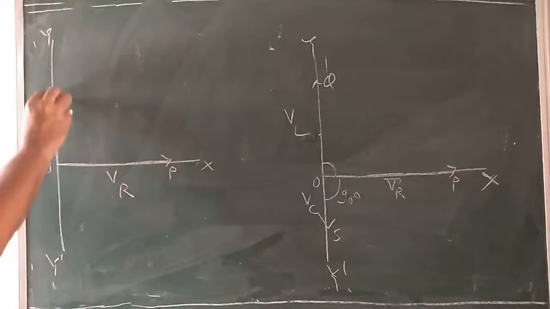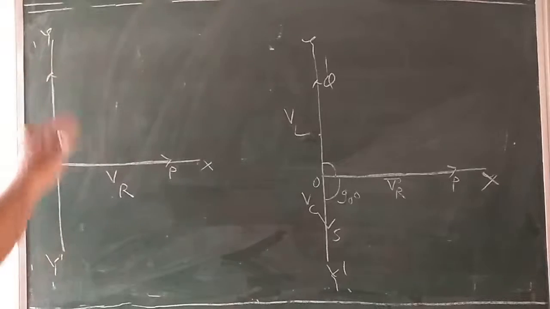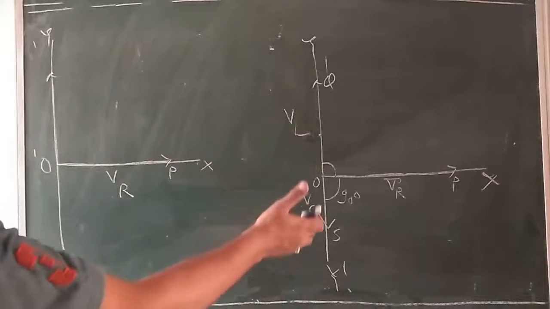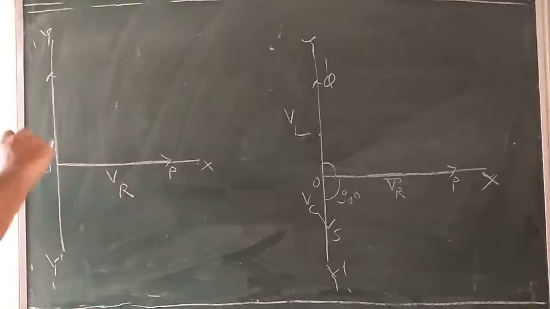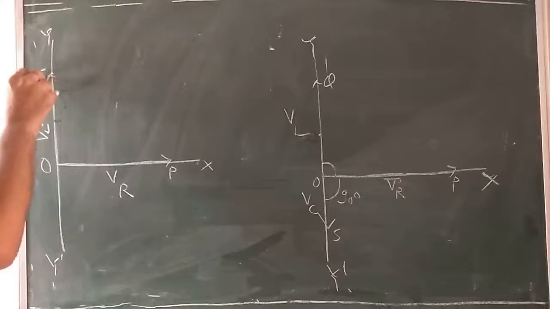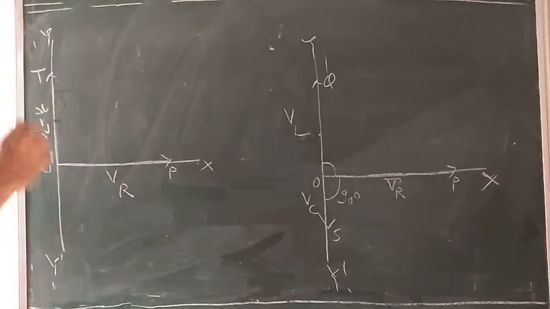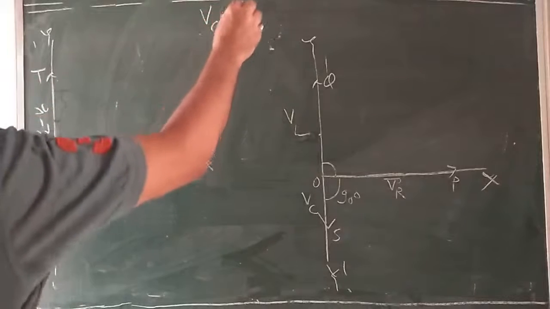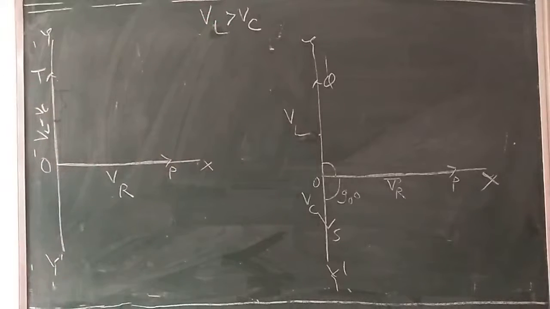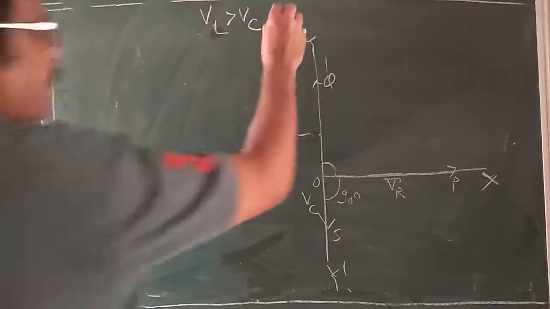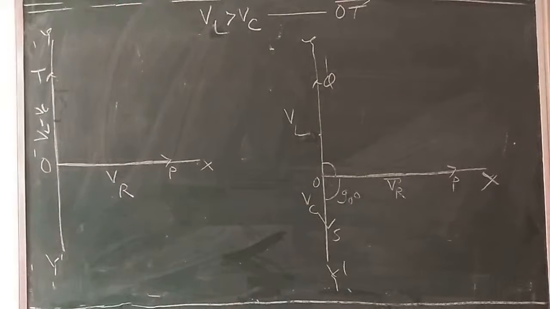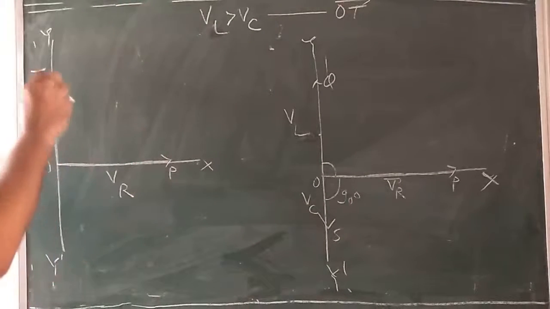And here we take VL and here VC. Suppose VL is greater than VC, so the resultant will be VL minus VC, which is represented by OT.